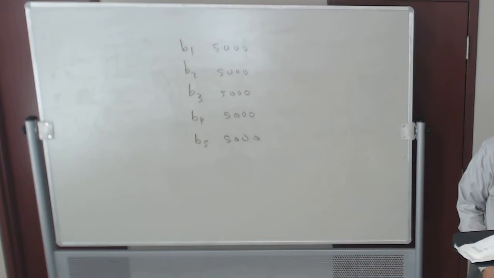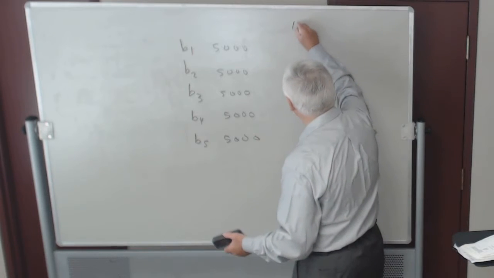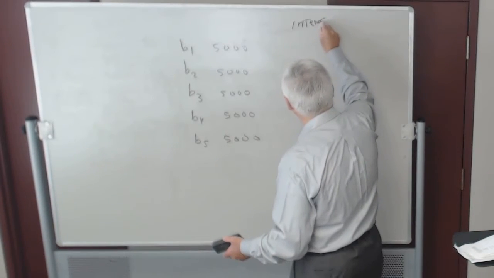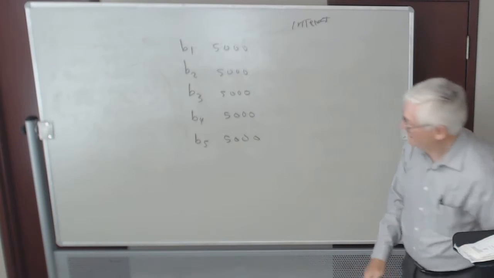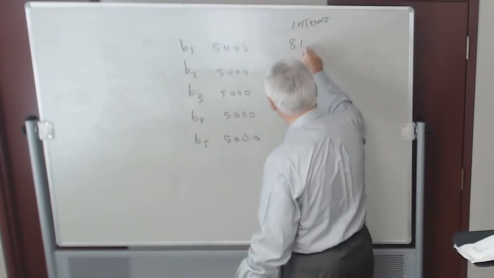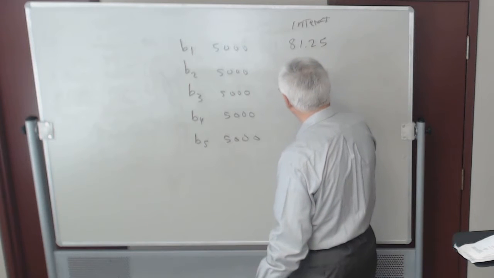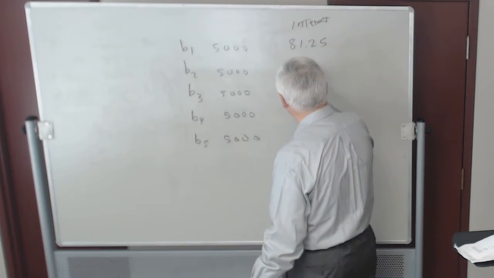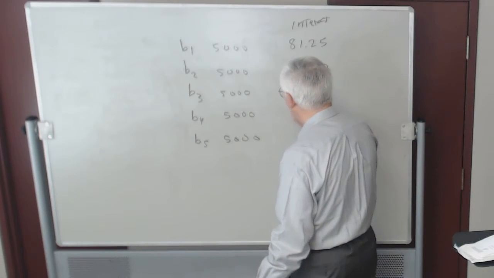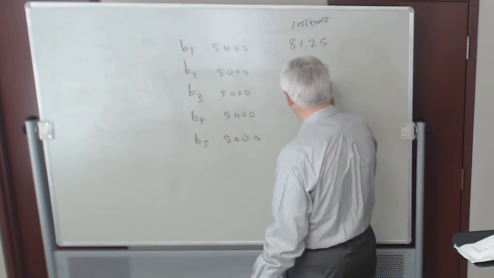And she got interest payments of, how much interest did she get on the first one? 81.25. And the second one? 112.50. The third one? 118.75.